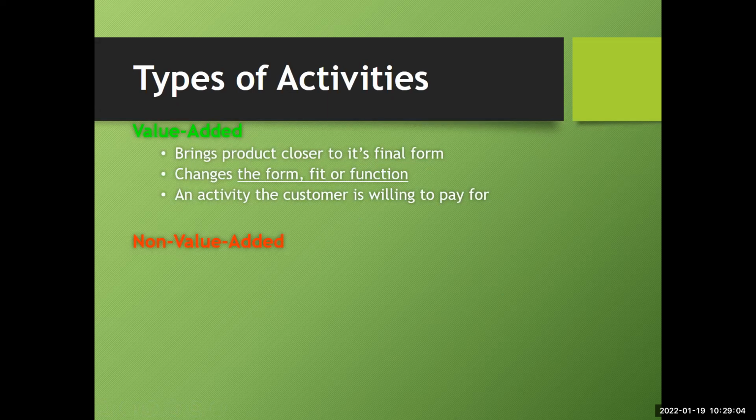Value added activities are those used to convert the raw material from its beginning to final, changing the form, fit or function. A value added activity means, for example, a machining process. It is an activity the customer is willing to pay for, the function for which a customer is paying.